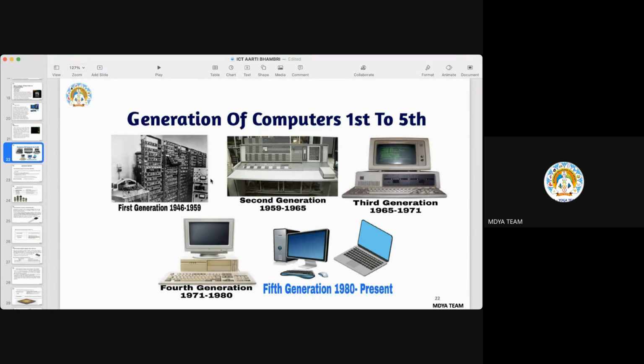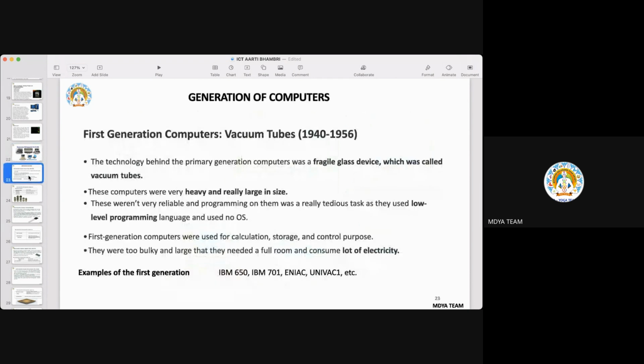We don't know the mood of the examiner or the faculty who decides what to put in. So you should remember the time periods also: 1946 to 59, 59 to 65, 65 to 71, 71 to 80, and 80 till present. This is the fifth generation we are in.